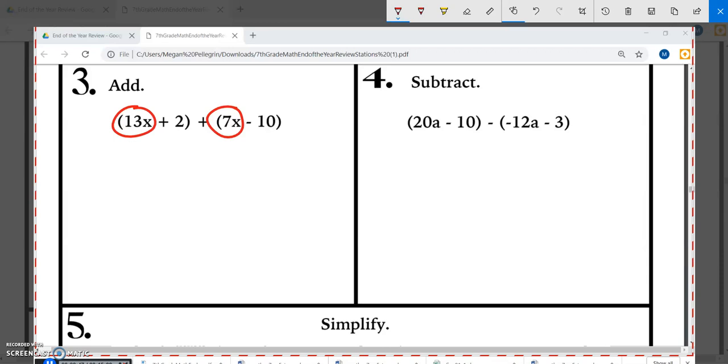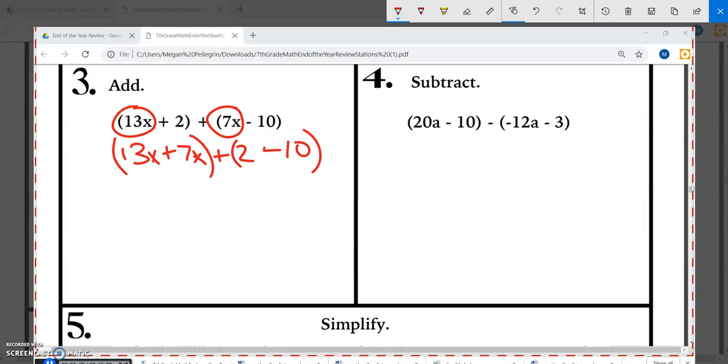We can regroup this together, so we have 13x plus 7x, and we have plus 2 minus 10. We can just regroup that by the commutative property.